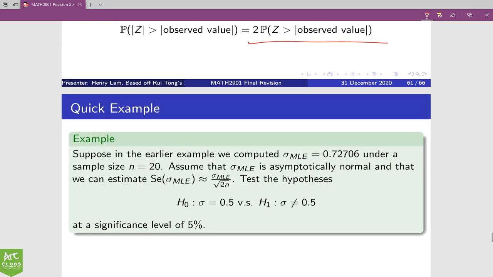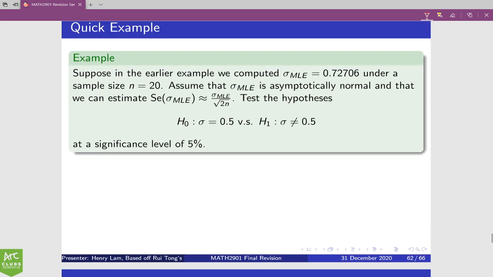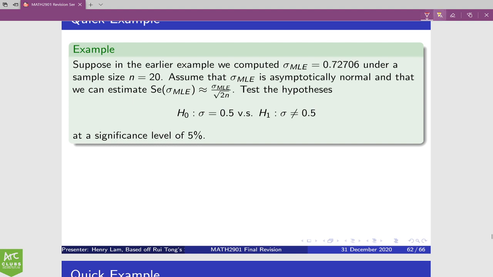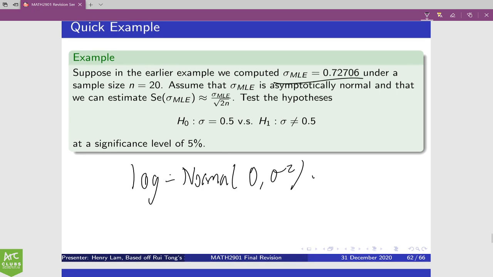Right, so here's an example. We're going to consider the example of the MLE, the log normal (0, sigma squared) distribution from before. Suppose this is the actual estimate you found, and it's based on 20 observations.